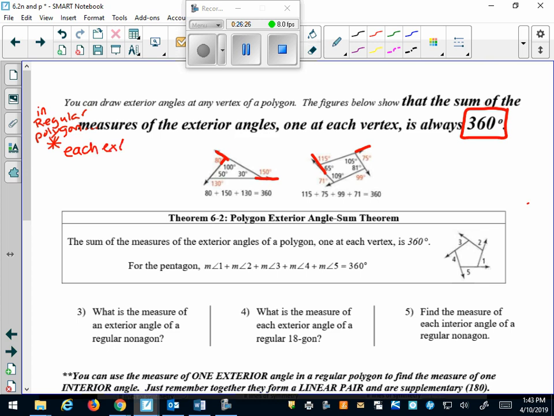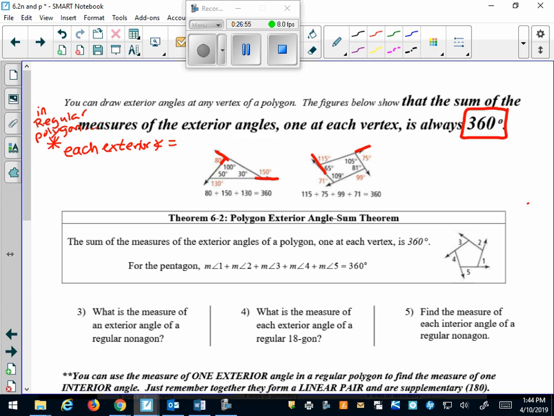Each exterior angle. Let's think about that. You know they add up to 360 degrees. Let's say it's a decagon. How many degrees is each exterior angle? How would you calculate it? 360 divided by 10, right?